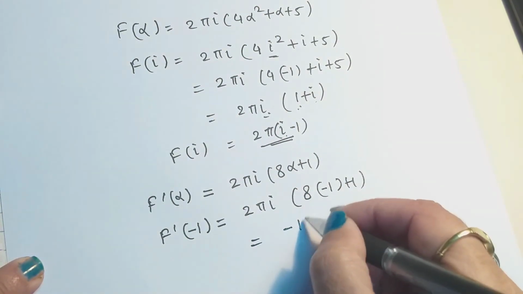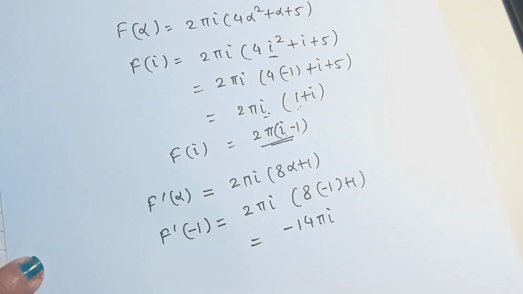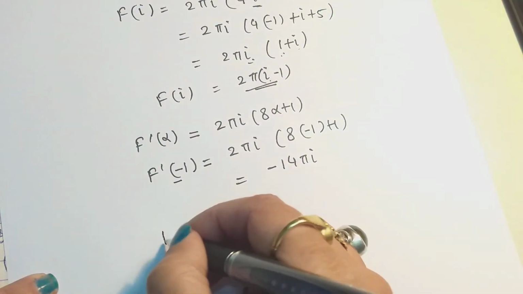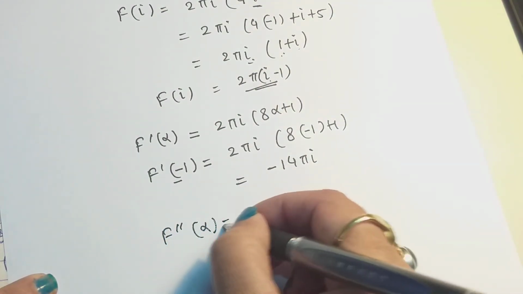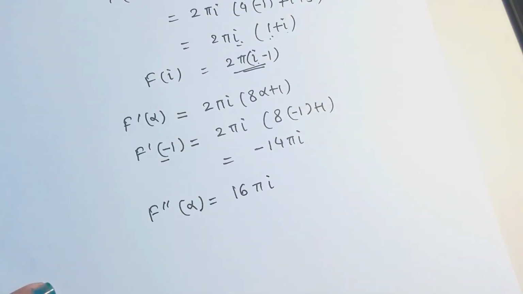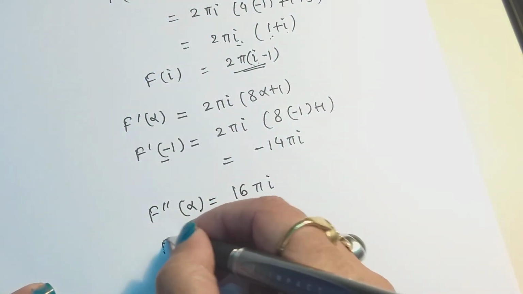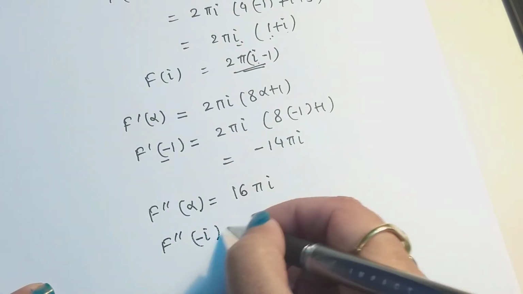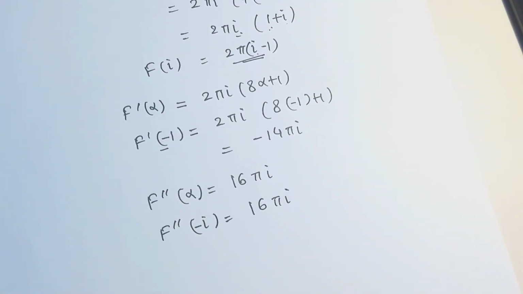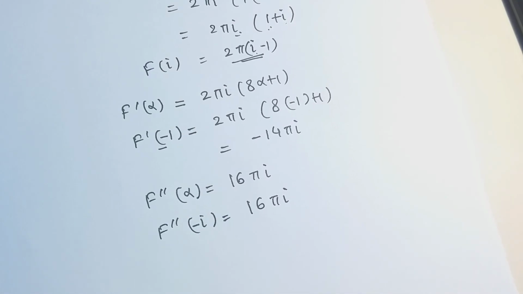So we'll get −14πι for F'(−1). Now take the third value: F''(α) is equal to 16πι. It is a fixed value which is free from α. So F''(−ι) will be 16πι. Okay, so all these are the values.